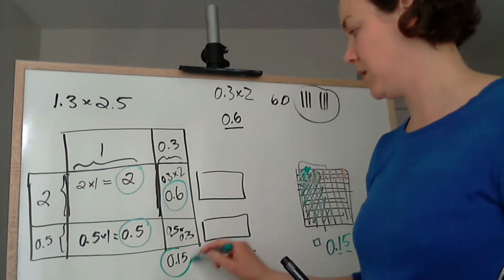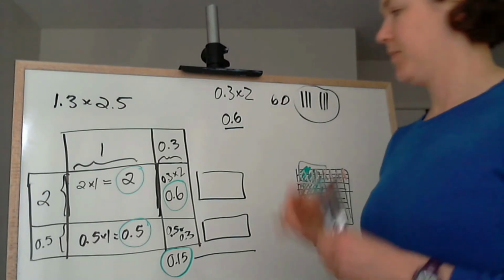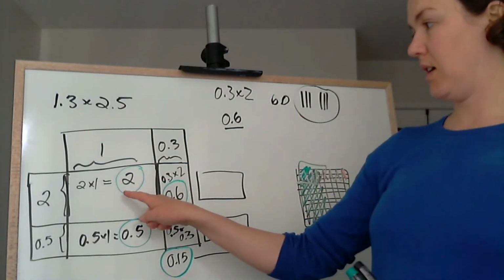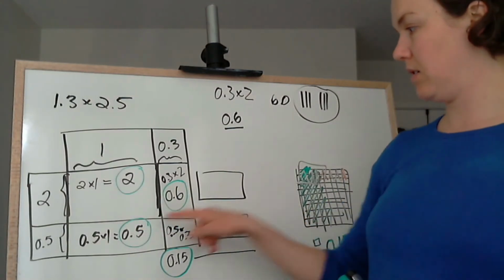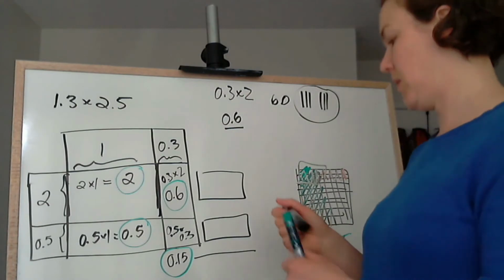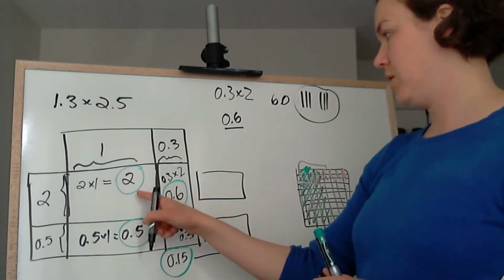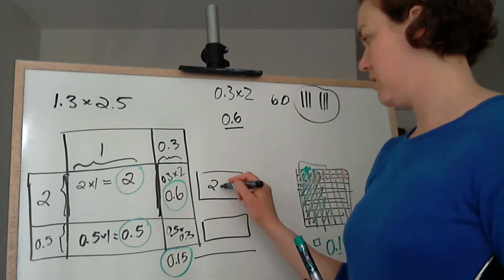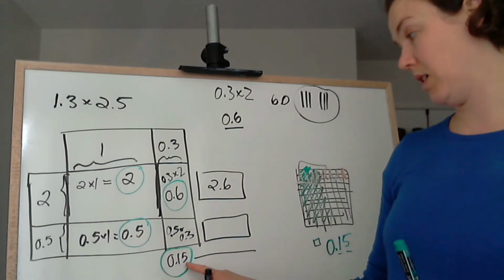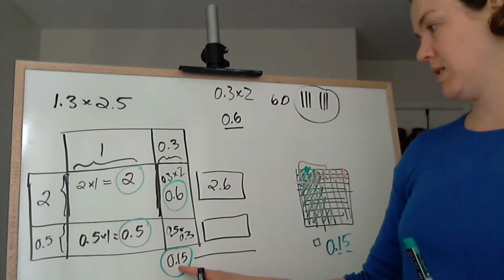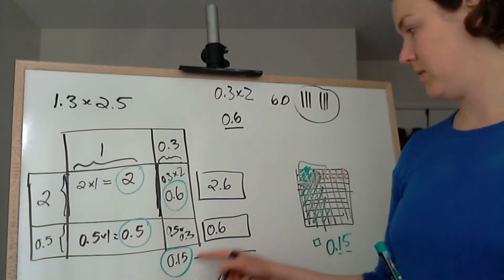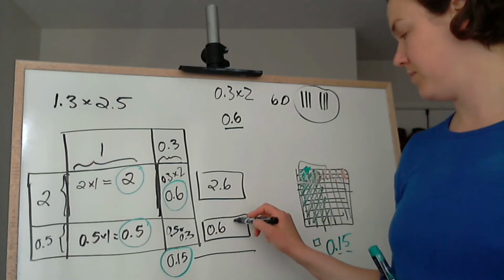There's a lot of steps in this problem. Okay, now we've got our 4 areas. I'm going to add these two and put them here, add these and put them there, and then add them all together. You can add them however you want though. 2 and 6/10 is 2 and 6/10. 5/10 plus 15 hundredths. I've got 1/10 here, so that means I have 6/10 and 5 hundredths.